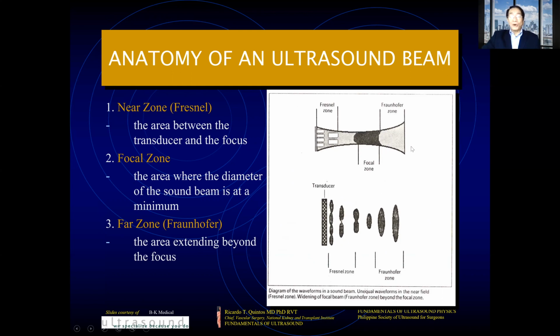This far zone, or the Fraunhofer zone, will offer you only very, very low resolution. In the Fresnel zone or the near zone, you can still have very good resolution, but after the focal point, you will not be able to resolve the two dots or the 3 dots, and you will just see them as singularities.